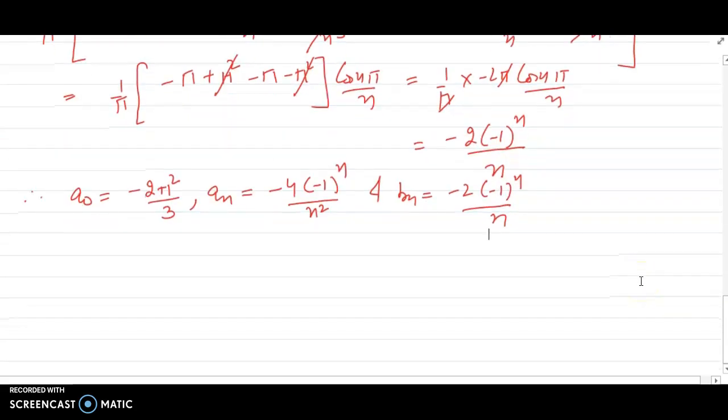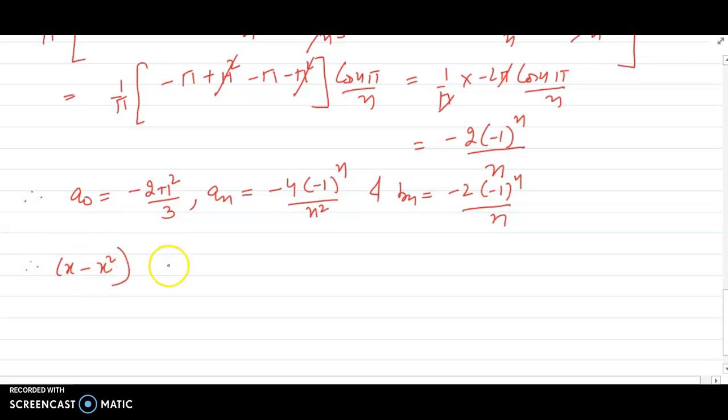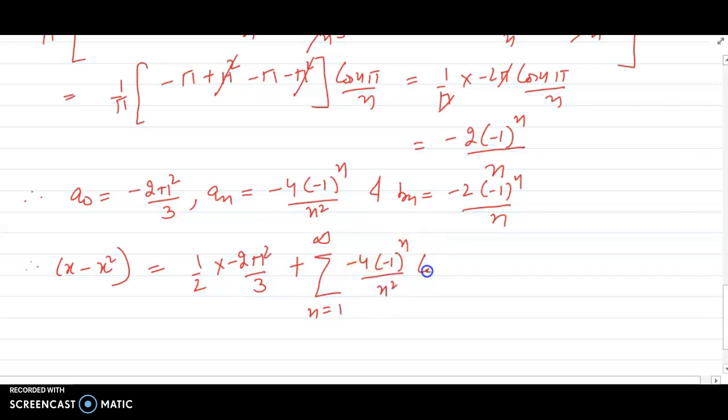So on substituting these values in f of x, your Fourier expansion is x minus x square equals 1 by 2 a naught, which is minus 2 pi square by 3, plus summation n varies from 1 to infinity minus 4 into minus 1 raised to power n by n square cos of nx, plus summation n varies from 1 to infinity minus 2 minus 1 raised to power n by n into sine of nx.